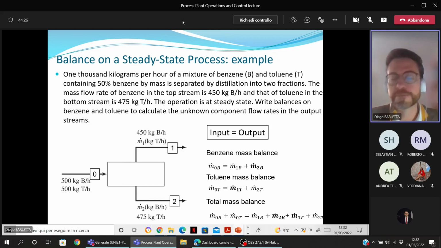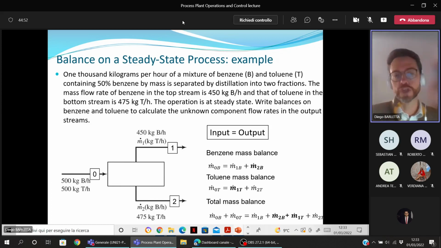And finally, the total mass balance, that is the sum of the two. So m dot 0b plus m dot 0t equal to m dot 1b plus m dot 2b plus m dot 1t plus m dot 2t. And in bold font, I highlight the unknown variables.